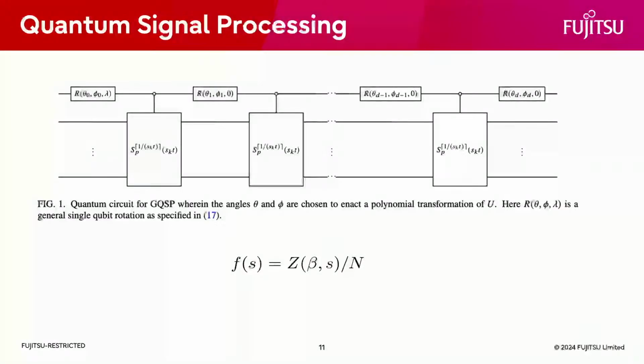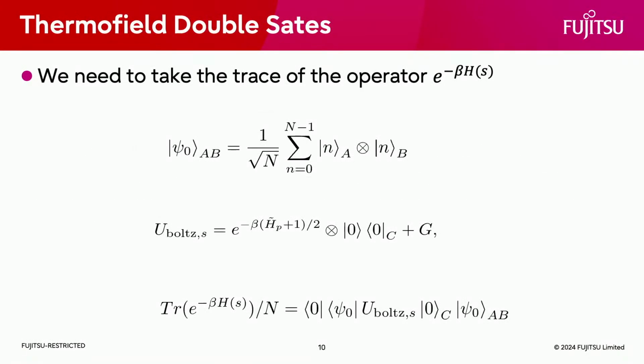And to obtain the trace of the operator you're interested in, that is the Boltzmann factor here, you basically just project this unitary with respect to this state. This 0 here, this ancillary register, selects the Boltzmann unitary to give you this non-unitary operator.